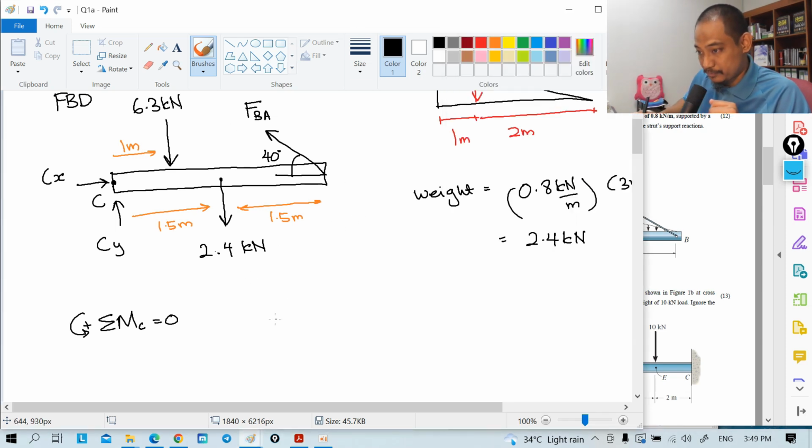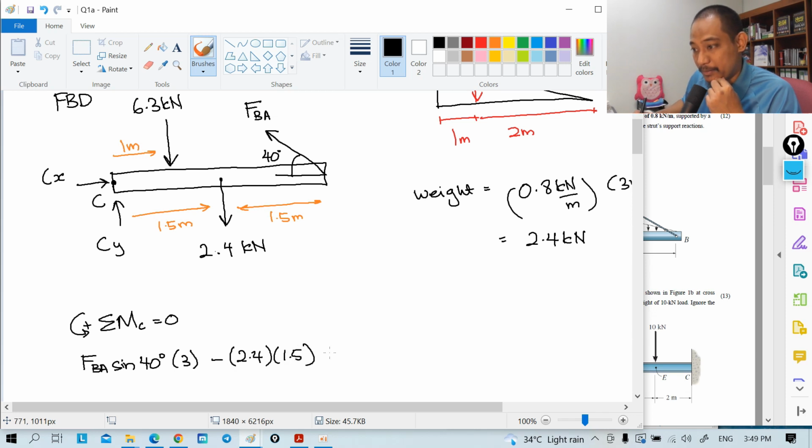So we take the vertical component of FBA: FBA sine 40 degrees times the distance of 3, that's counterclockwise. And then this 2.4 is clockwise, so minus 2.4 times the distance of 1.5, and then minus, because this 6.3 is also clockwise, 6.3 times the distance of 1, equal to 0.